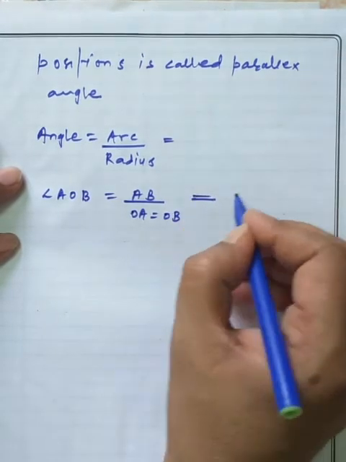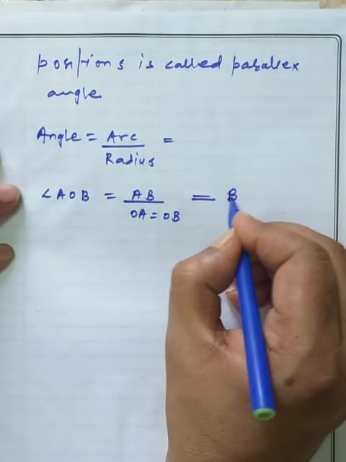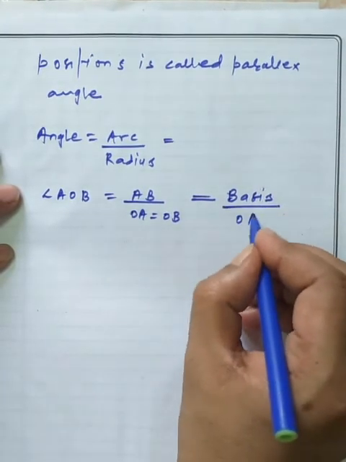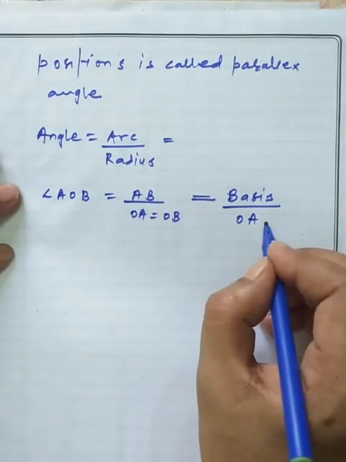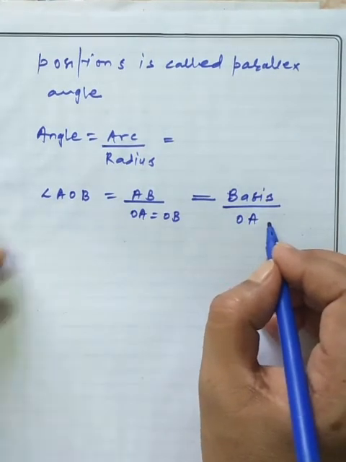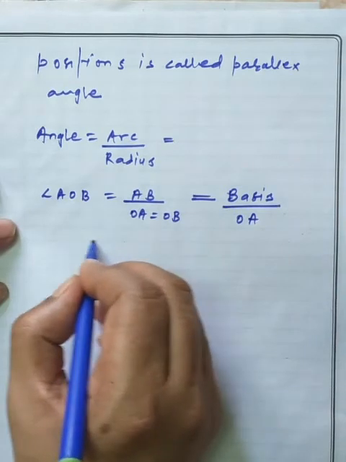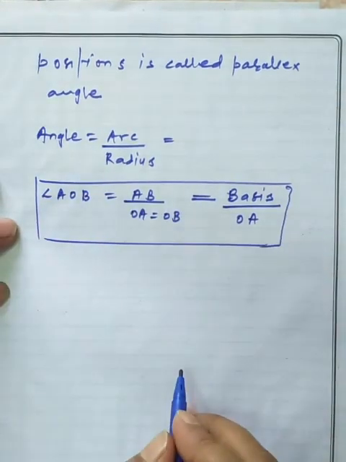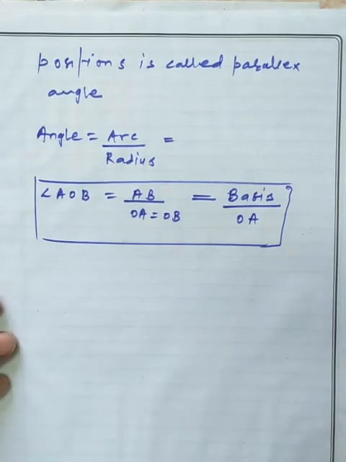So AB is known as the basis, and only one distance is used in the form of the radius. So we can go with any kind of calculation if two quantities are given. This is the general basis of the parallax and the parallax angle.